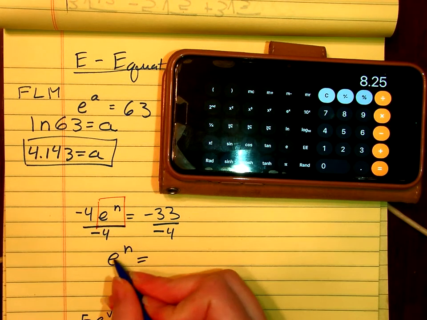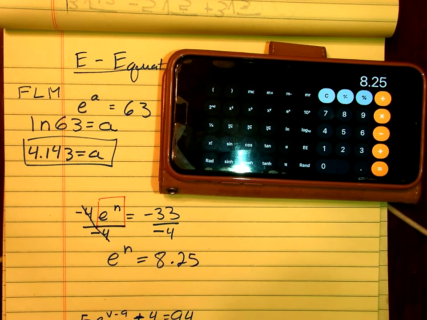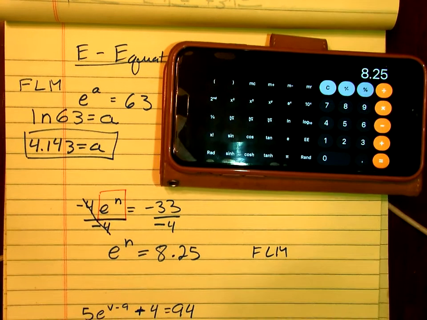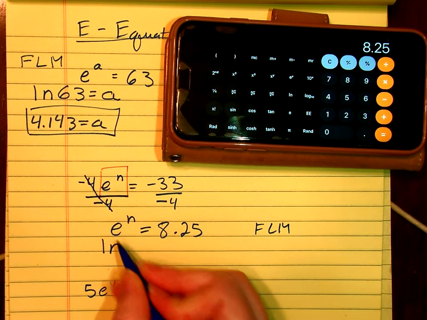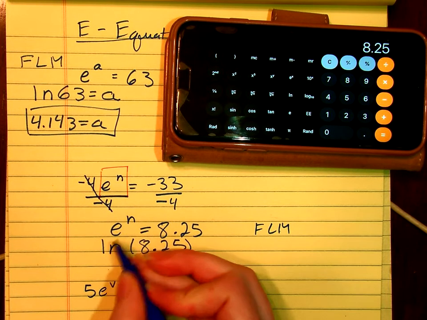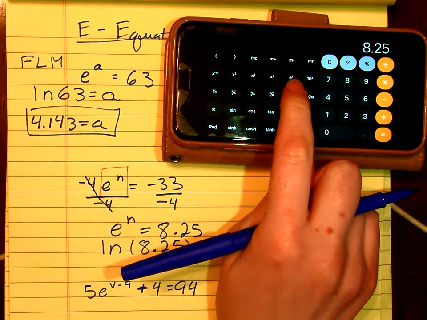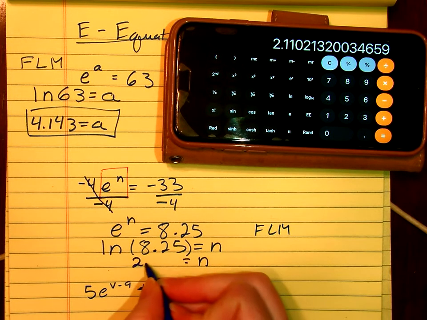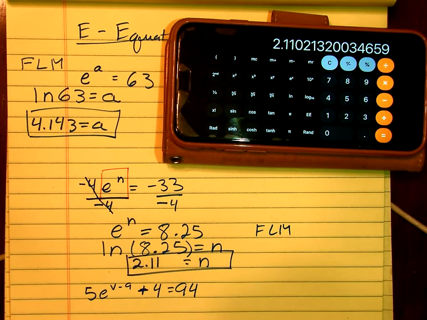So we get E to the n equals 8.25. Now we can first, last, middle this because E is by itself. The E with the exponent becomes first natural log, last 8.25, equals the middle, n. So go ahead and natural log that, and we get n is 2.11, and that's my answer.